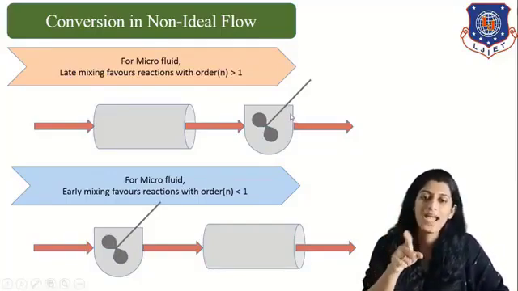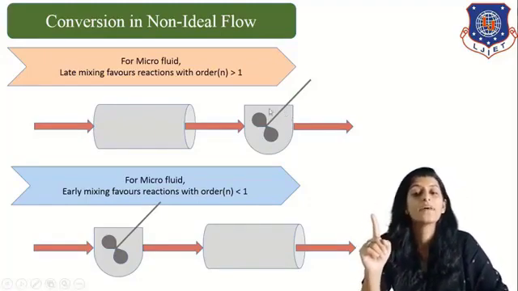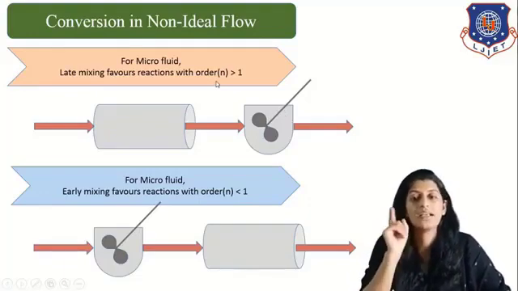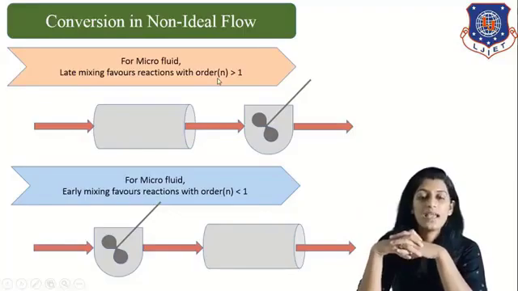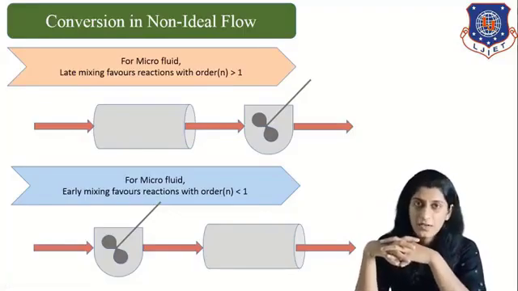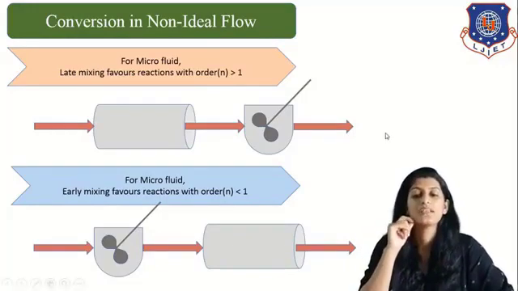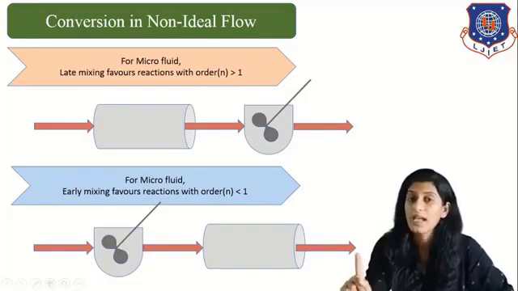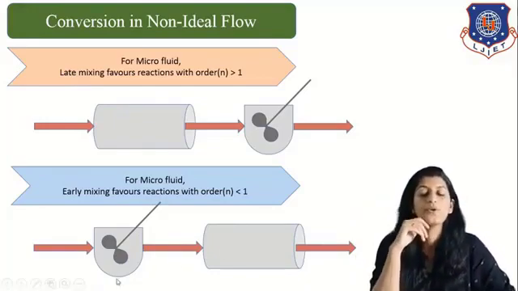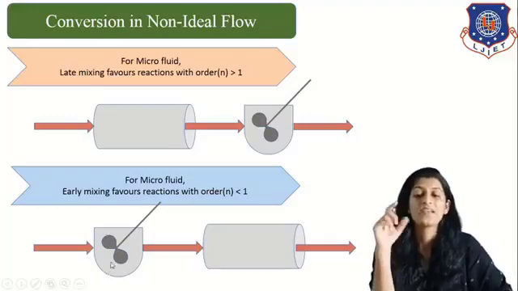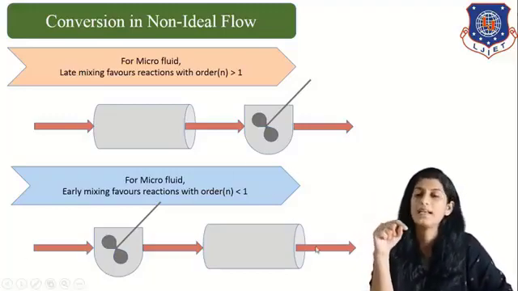In case of microfluid, late mixing is favorable when the reaction order is greater than 1. Suppose my reaction is a second order or third order reaction, then I should do this kind of arrangement to get maximum conversion, correct? And suppose I have a mixing arrangement before my reactor.